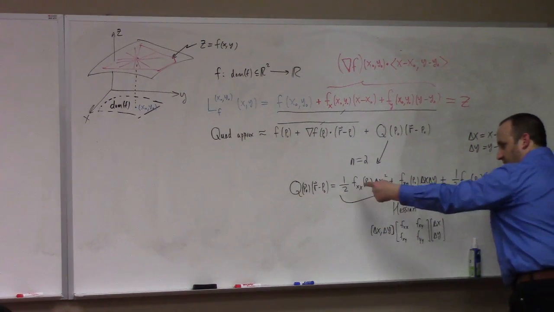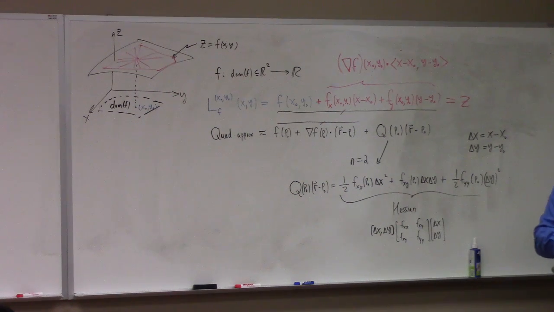And this will get you this formula up here. So in fact, you can see a matrix in the second order piece as well. This is what's called a quadratic form. We study this later. But as long as I've come this far, I should mention this.